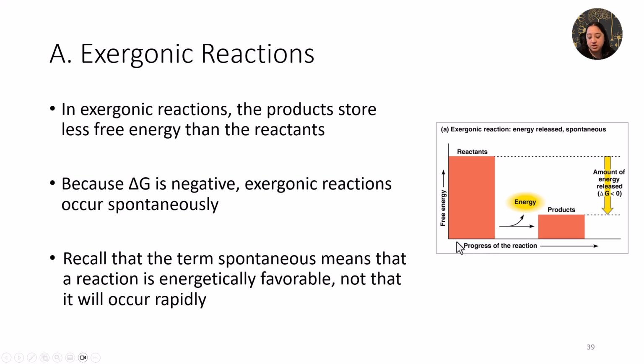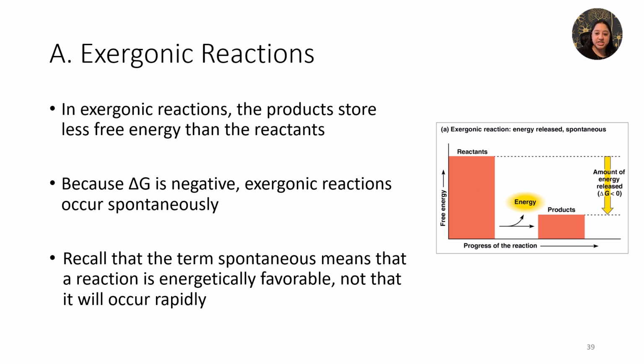The x-axis is progress of the reaction, and the y-axis is free energy. At the beginning, the reactants have a high amount of free energy, and then as the reaction happens over time, the products release energy, and the products themselves don't have as much energy as the reactants. Hopefully that makes sense.